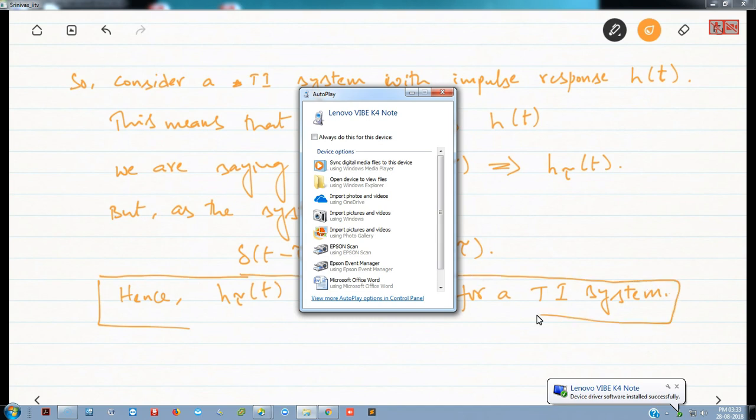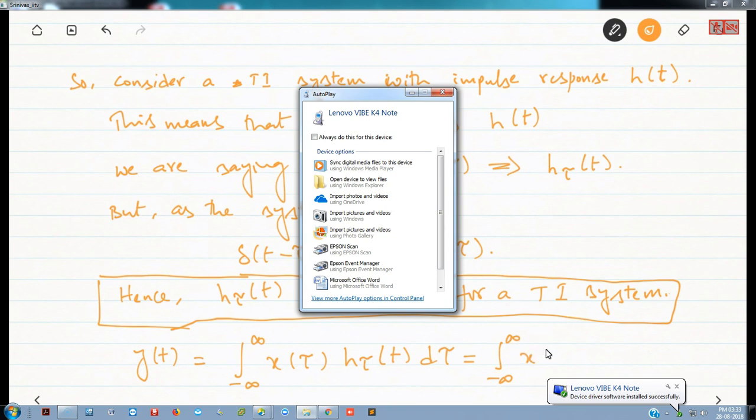Now let's go back to our equation. What is our equation? y of t is the integral from minus infinity to plus infinity of x of tau, h tau of t, d tau. Now I can write this as the integral from minus infinity to plus infinity of x of tau, h of t minus tau, d tau.